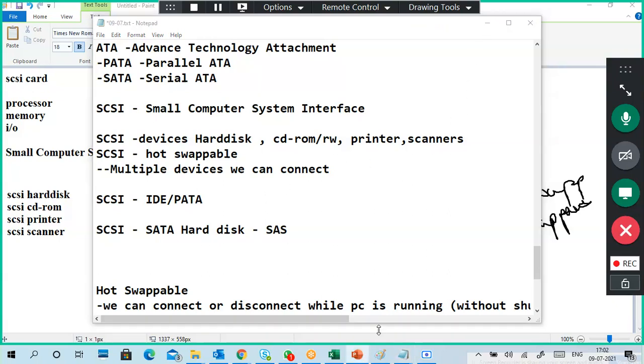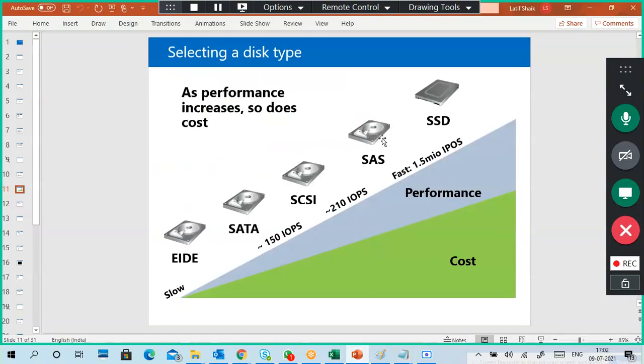So I will show you on this PPT. Can you see SAS? SAS means SCSI SATA hard disk. And can you see this slow and faster performance and cost? Cost is also increasing compared to a normal PATA hard disk.